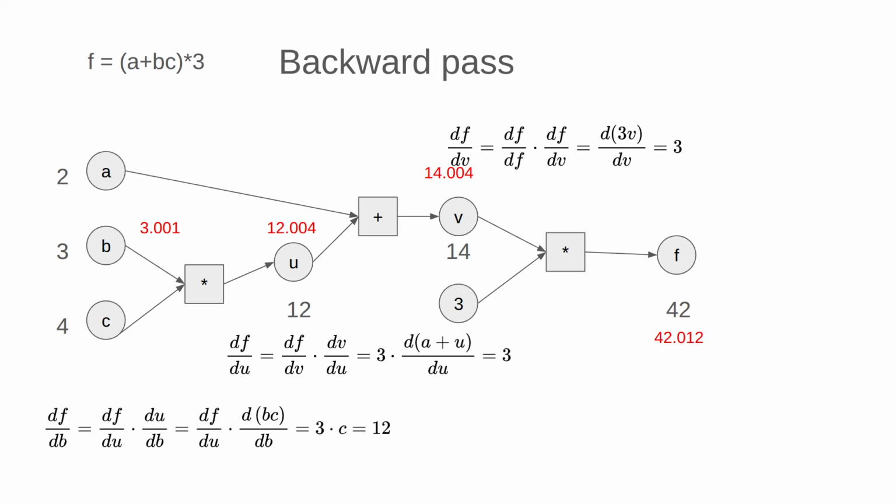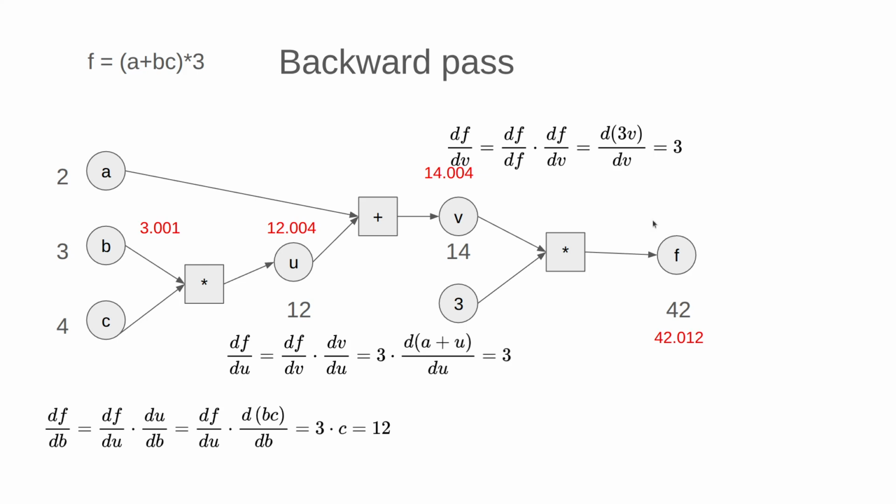Okay, so let's repeat it again. We will calculate the differential of every variable against f here. The first is df over df, which will be 1, so we will just assign it to be 1. And then we will go backwards in this computational graph.